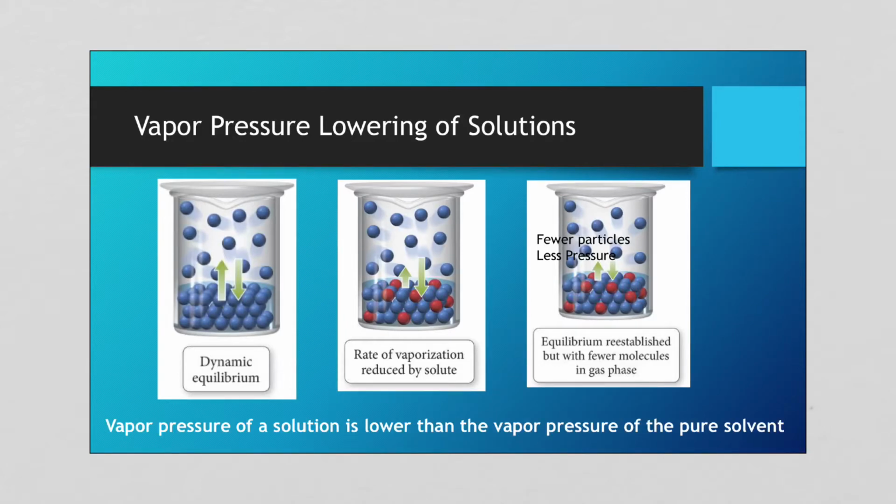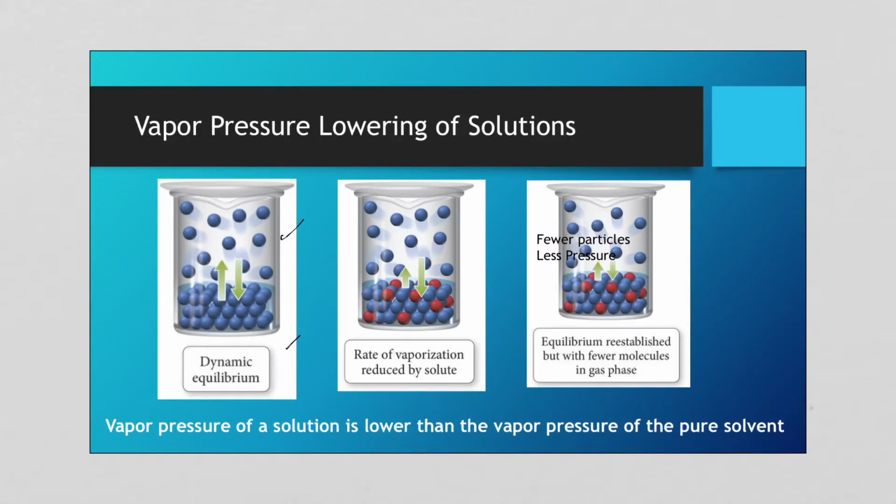We talked about evaporation: if you put a liquid in a closed container, it evaporates until it builds up a certain pressure of gas that starts to condense, and at some point you end up with dynamic equilibrium, where you have a certain amount of vapor and a certain amount of liquid, and at that point it doesn't change. The pressure exerted by this vapor is the vapor pressure of the pure material.